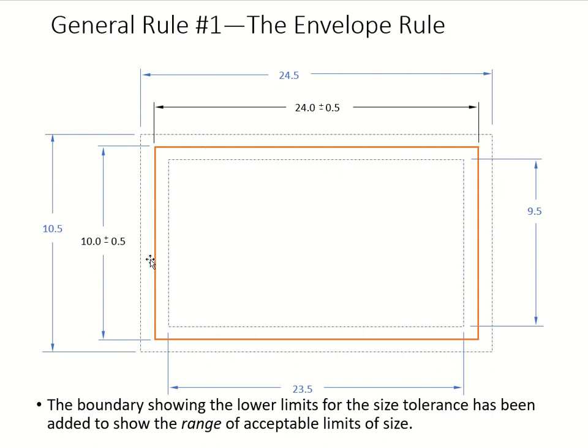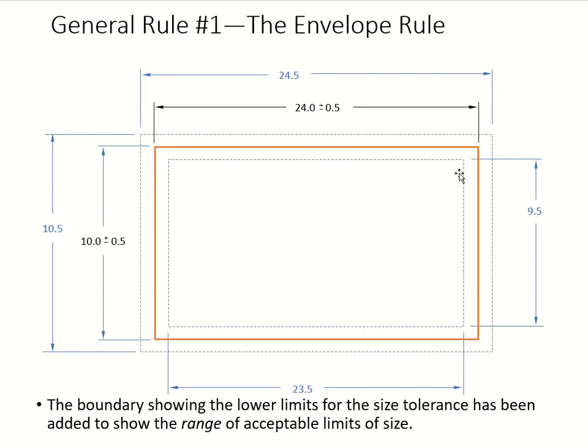Since we're dealing bilaterally, meaning your length and height, see this clear zone right here, this little area? Your part has to be in that zone, and we call that the tolerance range, the range of acceptable limits. Tolerance means, hey, I can tolerate your mistake as long as you stay between that range.